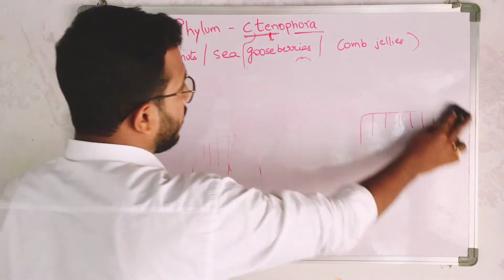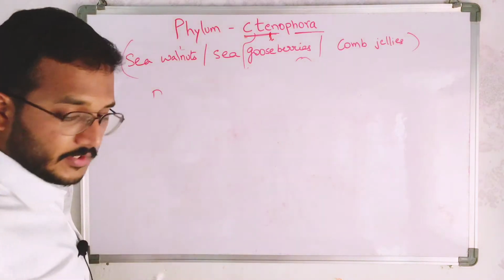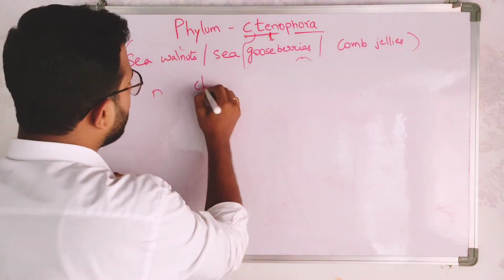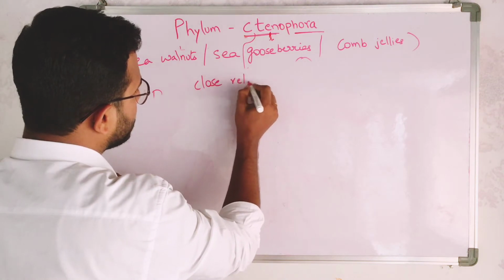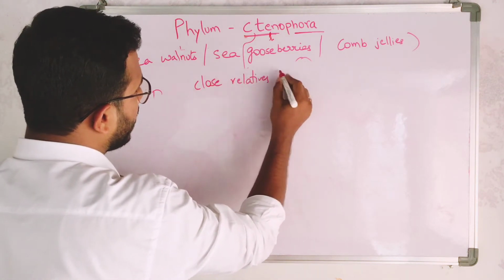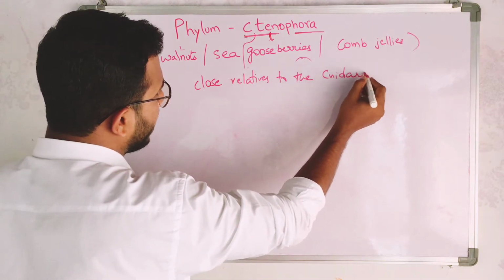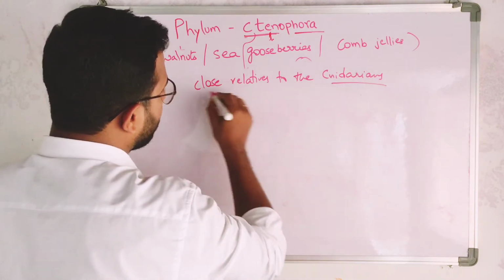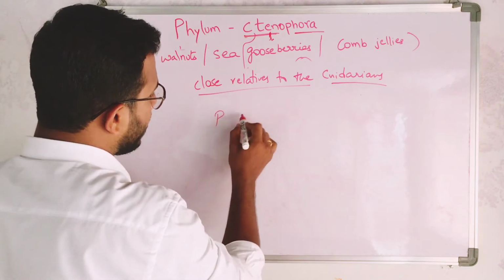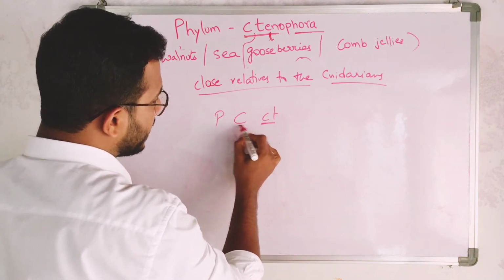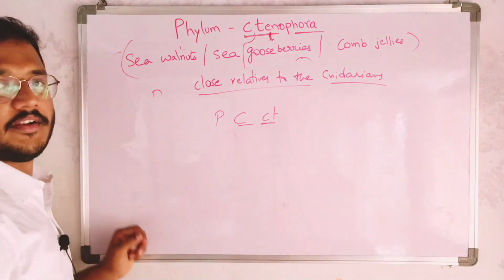And here we have to observe that these are close relatives of the cnidarians. That means some similarities are there, because Porifera, Cnidaria and then Ctenophora. This is the immediate phylum which evolved after the cnidarians.